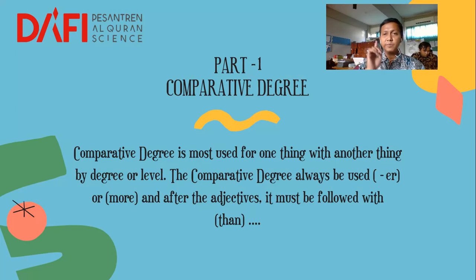I repeat once again, for part one here, comparative degree always uses er and more. You can choose one of them, not both of them. Write down the two keys, er and more, in your book, but only choose one.